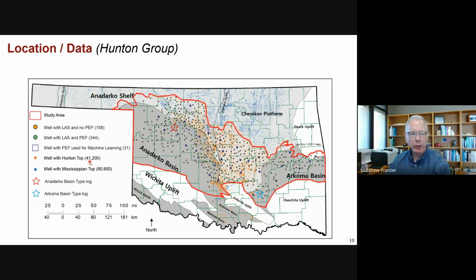And there's about 41,000 wells with tops, all the orange dots in through here to constrain the Hunton surface, and then digital logs for about 344 wells, and we use machine learning to try to estimate PE curves for some of the remaining wells that didn't have PE, so that we could do some mineralogical estimation for those wells.